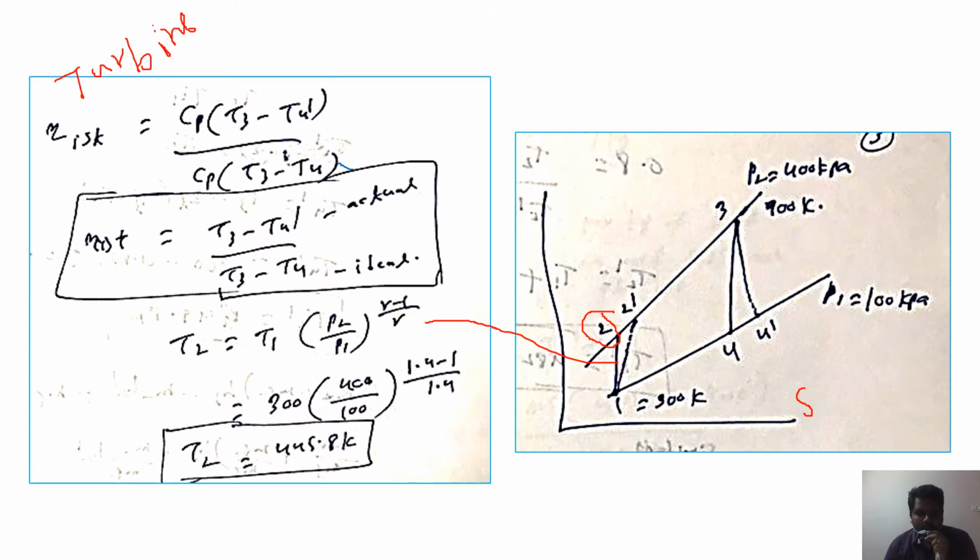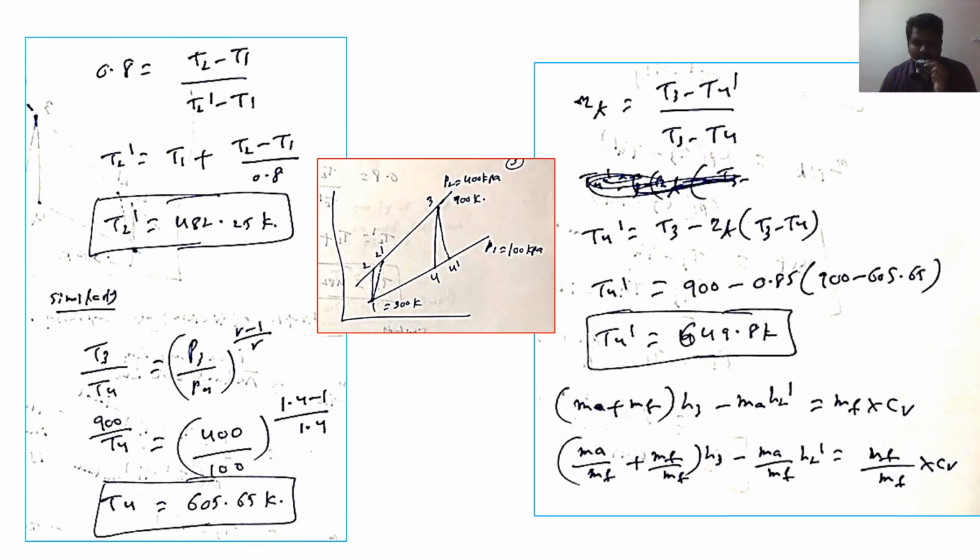In the problem they have given T1 value 300 Kelvin, P2 value is 400 kilopascal, P1 100 kilopascal, gamma of air is 1.4. Once you substitute all the values, we can get the temperature at point 2 as 445.8 Kelvin.